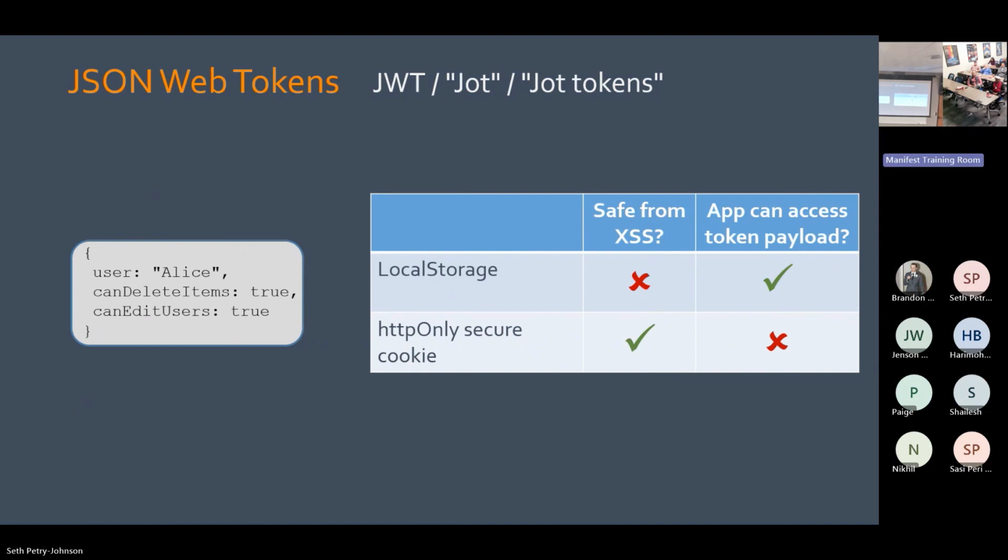So in practice, there's 2 places to store these tokens. You can store them in local storage or in an HTTP-only secure cookie. If you put a token in local storage, then your JavaScript code can access the full token, right? It can parse it, it can see it, so you can't include sensitive information. You wouldn't want to put Alice's social security number in there.